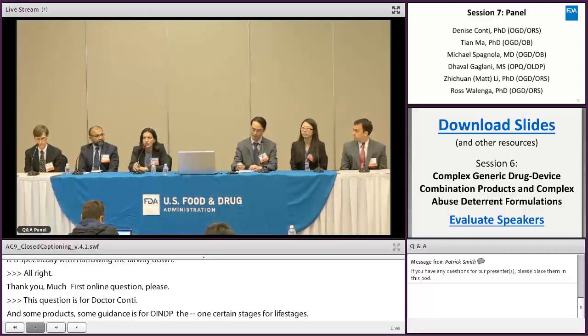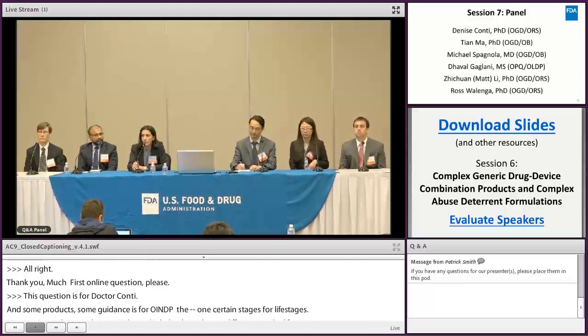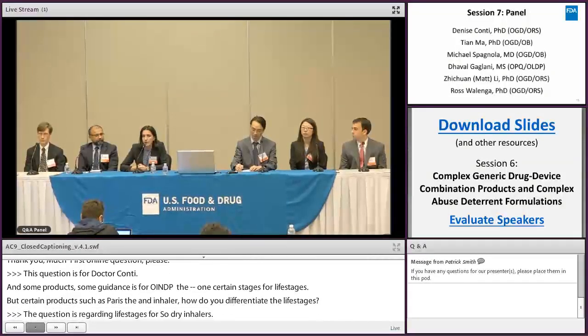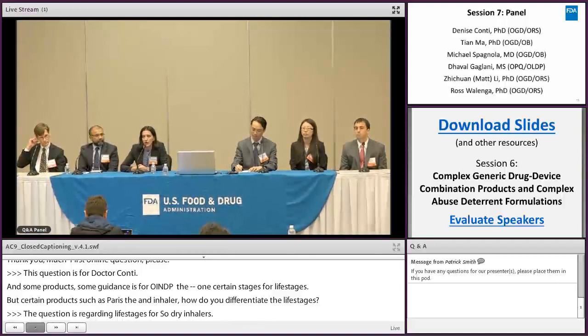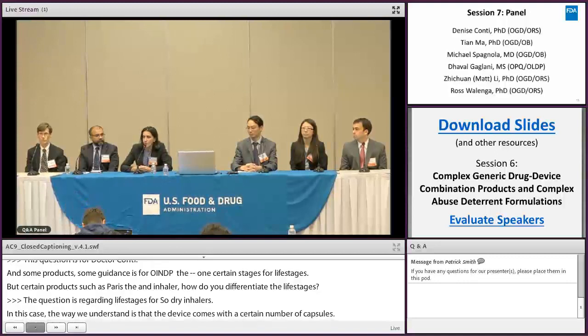So the question is regarding life stages for capsule-based dry powder inhalers. In this case, the way we understand is that the device comes with a certain number of capsules. So depending on the number of capsules, we define beginning, middle, and end life stages. Suppose the package the patient gets contains one device and 50 capsules.